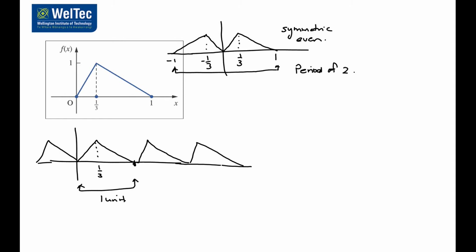What if we wanted to create it not into a symmetric one like we did first, but what if we wanted to create it as an odd function and give it a period of 2? So now, here's our original.